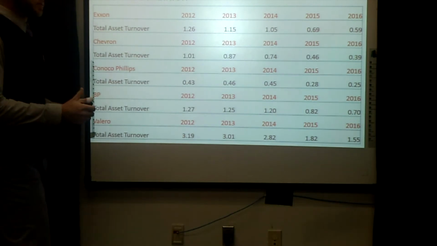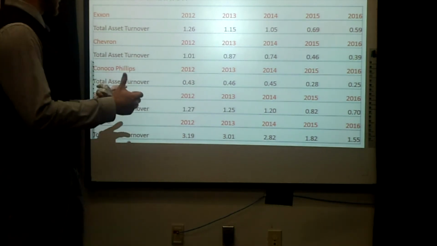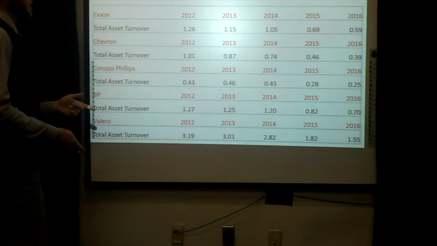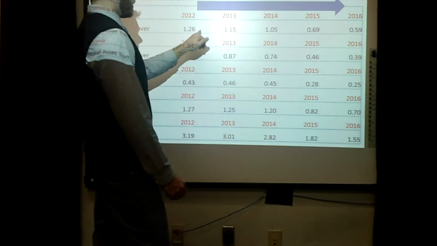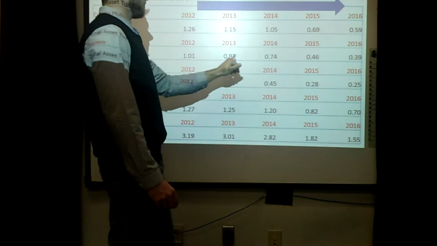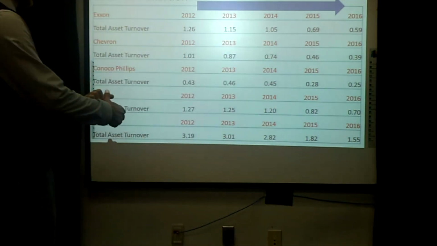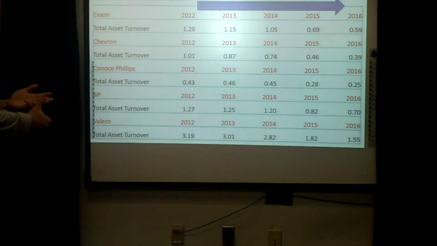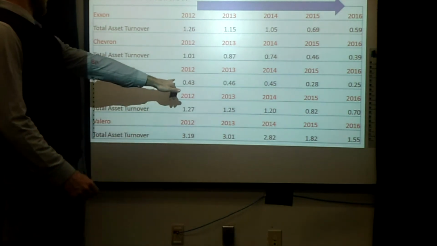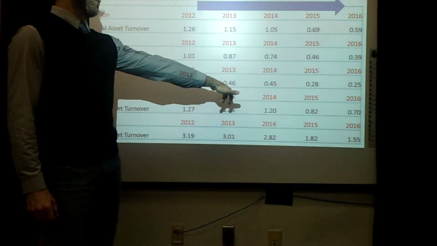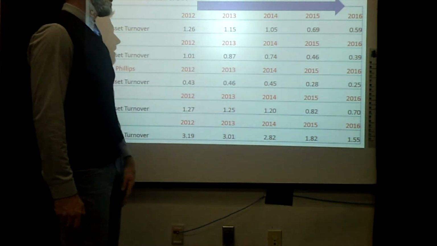All right, oil asset utilization. Here you want to do peer group analysis and time series analysis, because if you take a look, what's the first thing you see? We're going across from year to year. This company's decreasing. This company's decreasing. So you're getting a decrease from Exxon, Chevron, ConocoPhillips, British Petroleum, and Valero, with the one exception that ConocoPhillips jumps up from 2012 to 2013, but then immediately falls down.